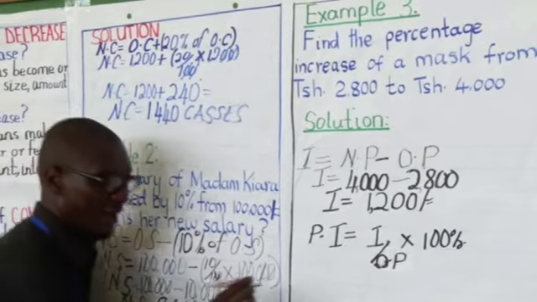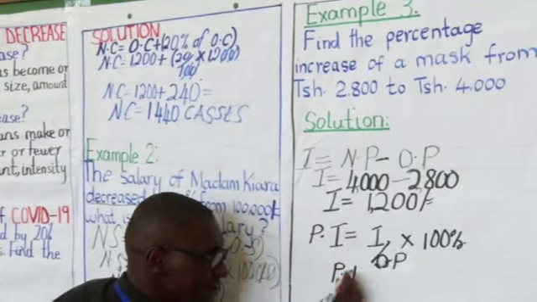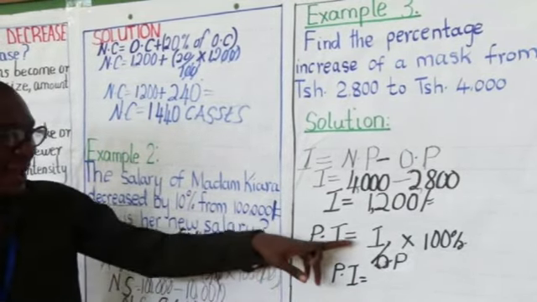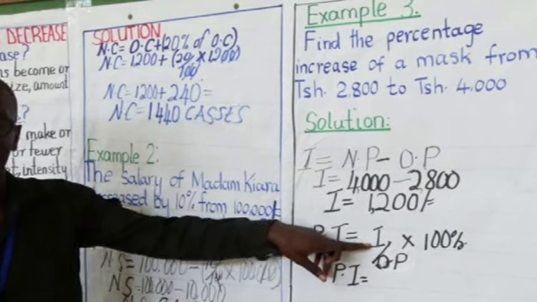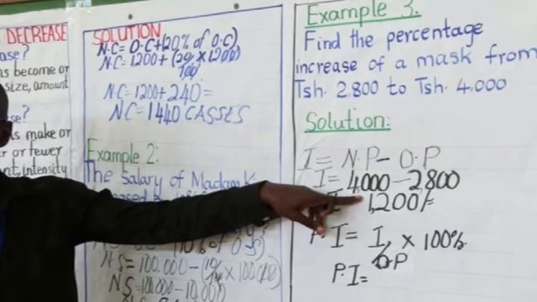So we have to calculate now. Percentage increase: we substitute. Where there is an increase, we write what the increase is. Our increase is 1,200.